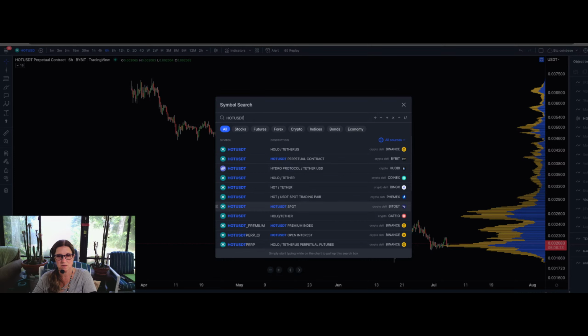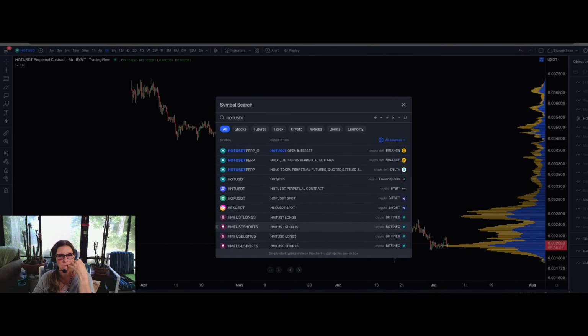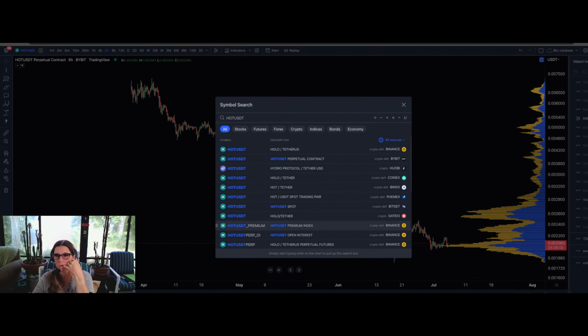HOT USDT on Binance. Premium index is choppy. I'm not seeing it.